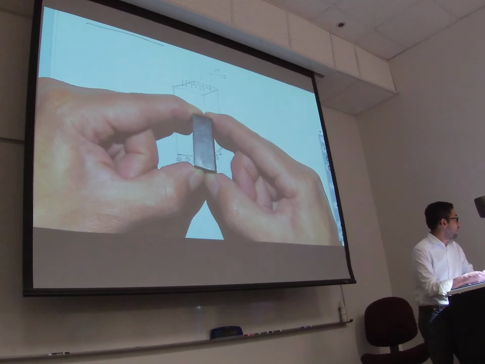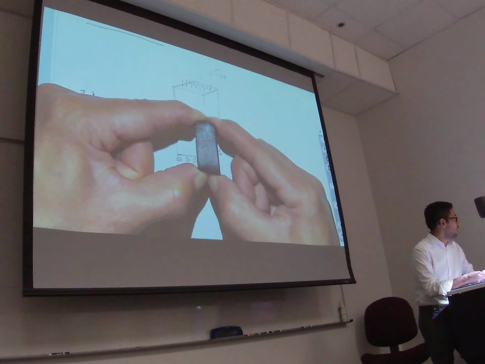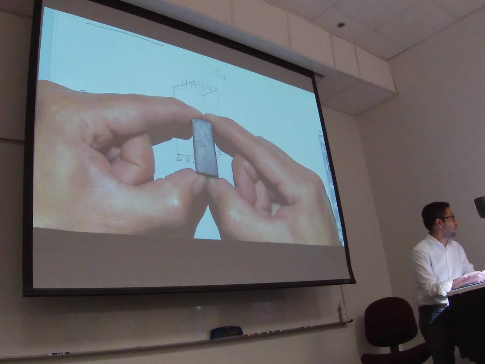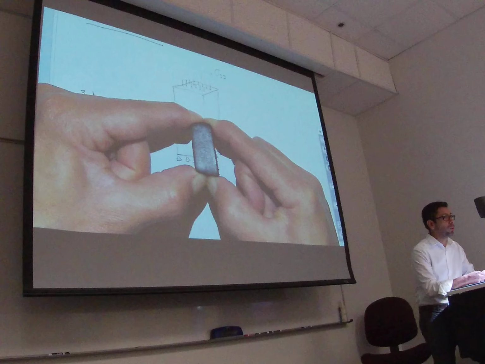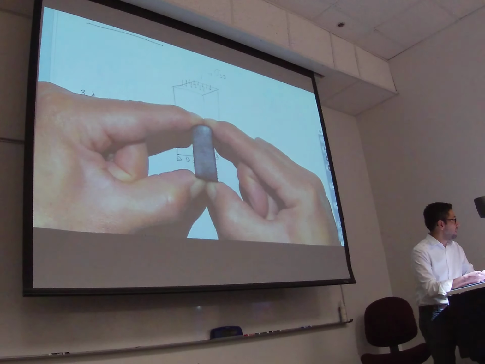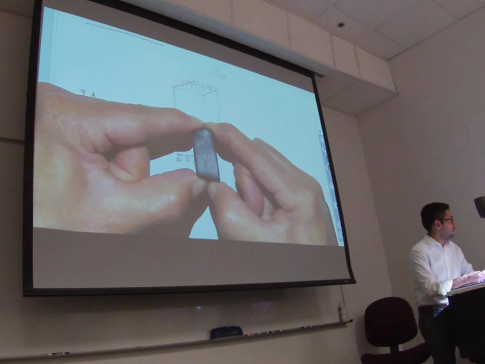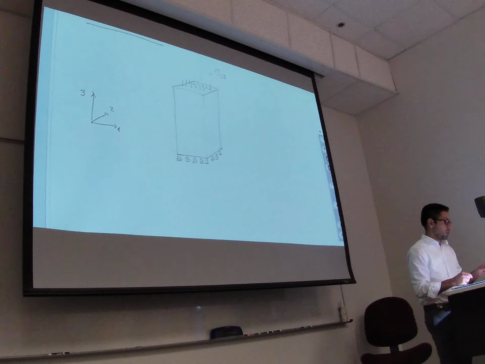If I apply stress in this direction, it shortens in direction 3. And I don't know if you can notice, but it's also getting a little bit larger in directions 1 and 2. If I press really hard, you will see that it's getting larger in directions 1 and 2.